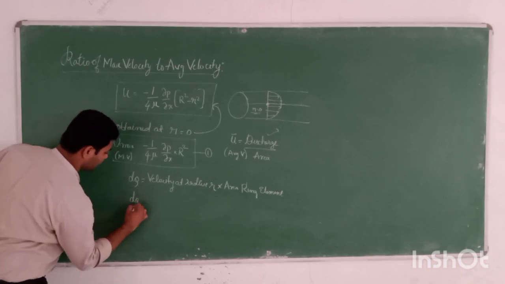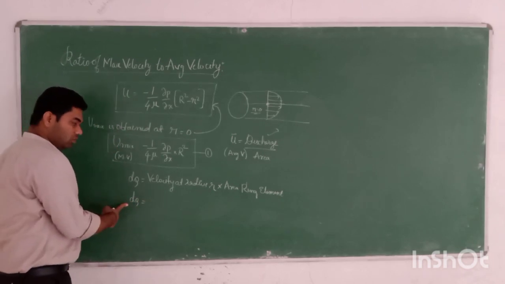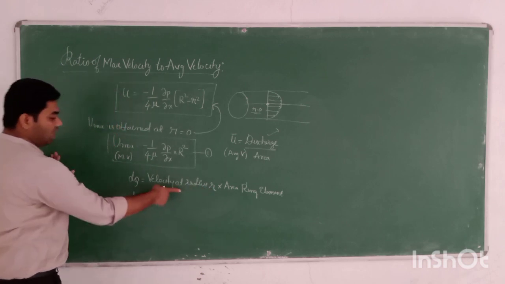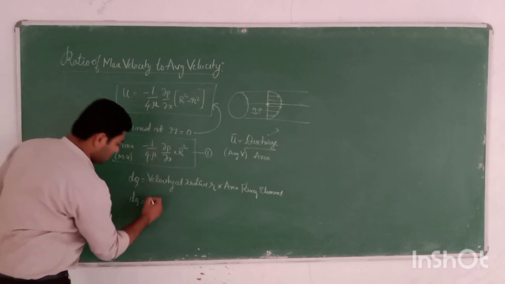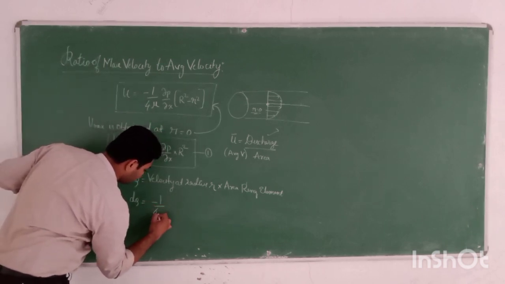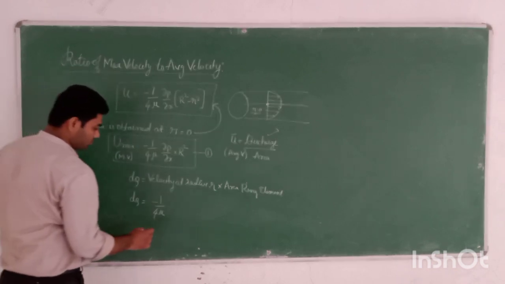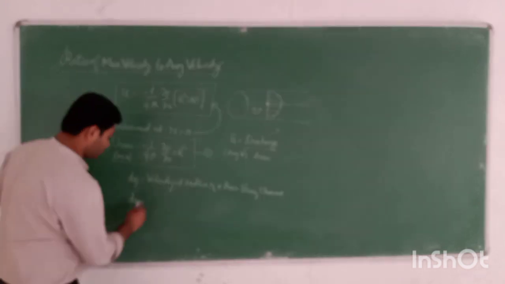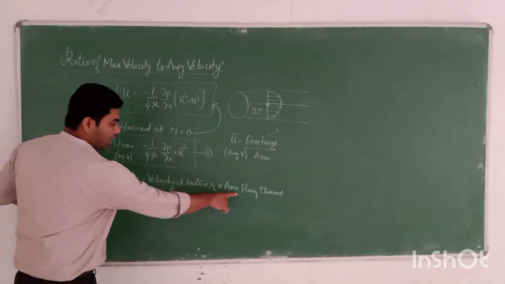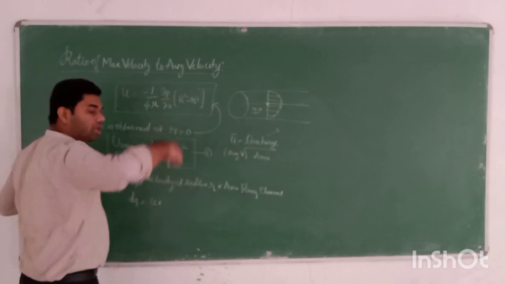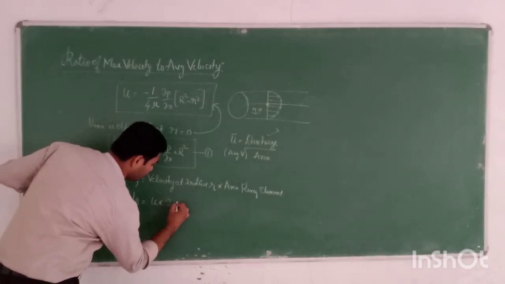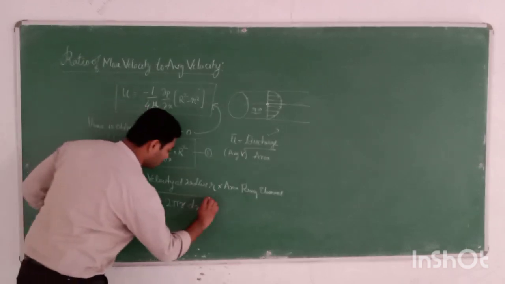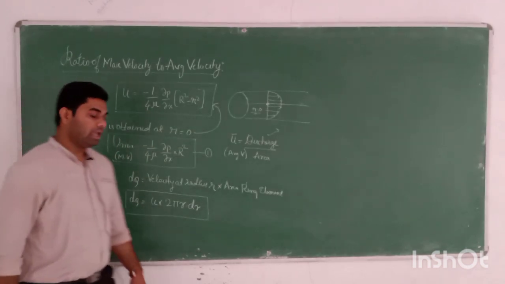So dQ is the velocity at radius r, which is minus 1 by 4 mu and so on, or let us first write it as u, into the area of ring element. We take the circumference, 2 pi r into dr. This is nothing but the discharge through an element.